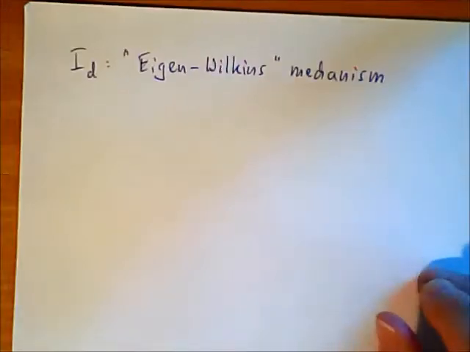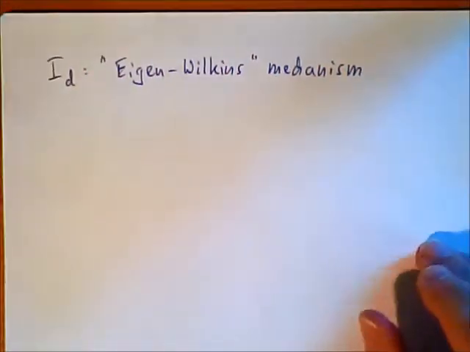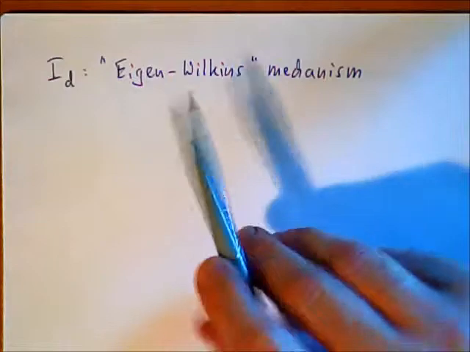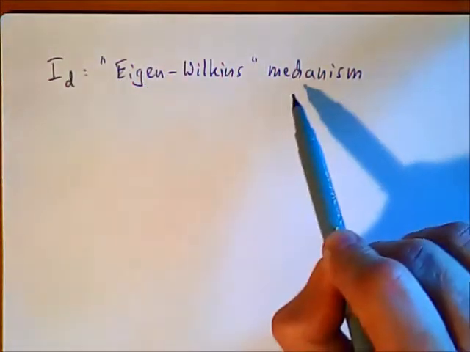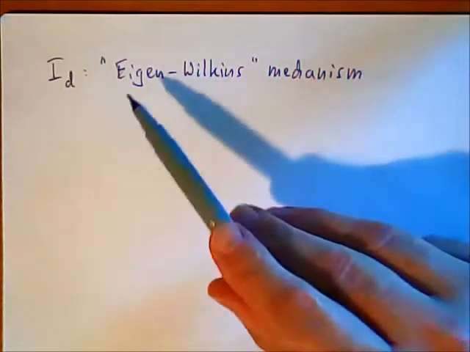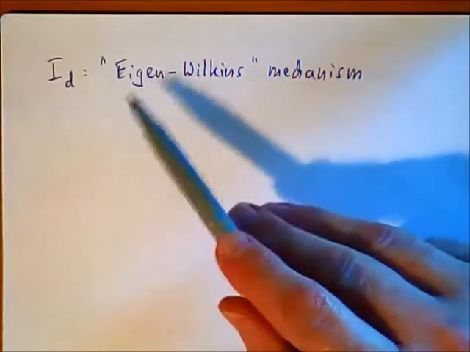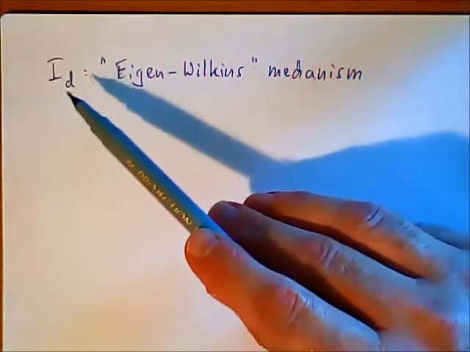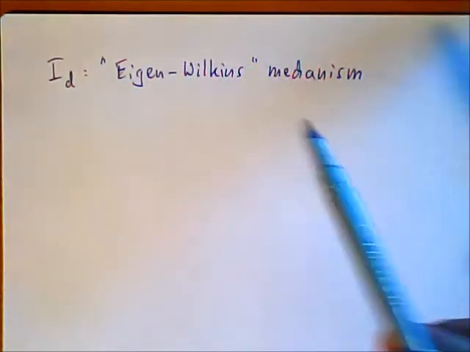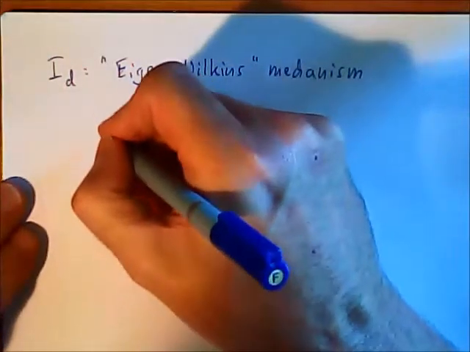Okay, I give you a concrete example for the ID mechanism, which is more common. It is called the Eigen-Wilkins mechanism, because these two people found out the kinetics of this reaction step. Okay, we have an example.